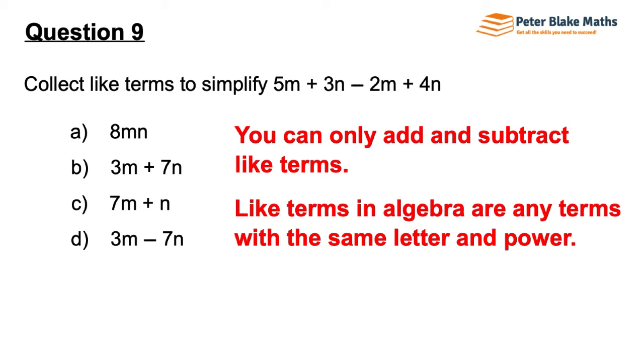We have 5m and minus 2m, and we have 3n and 4n that we can combine. So we'll combine the 5m and the minus 2m carefully, and we'll get 3m when we subtract those. And we can add together the n terms. 3n plus 4n makes 7n. So in the end we get 3m plus 7n.